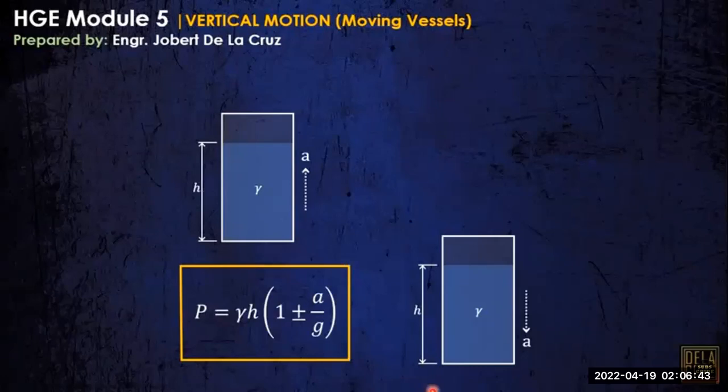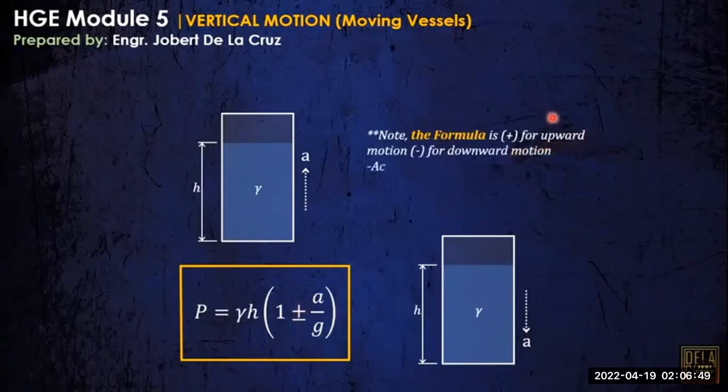Okay? Now, ito yung mga notation natin. Note that the formula is positive, that one, for upward motion pa rin, no? And negative for downward motion. And take note that the acceleration is positive if acceleration yung terminology. And that will be negative if deceleration.